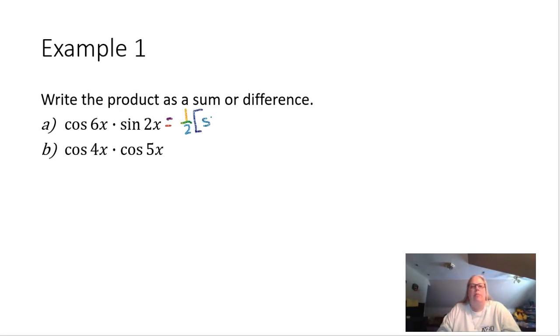the sine of the sum of the angles, and the angles are 6x and 2x, minus the sine of the difference of the angles, so this will be 6x minus 2x.